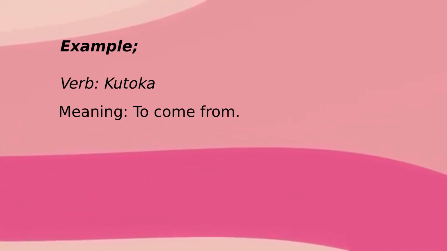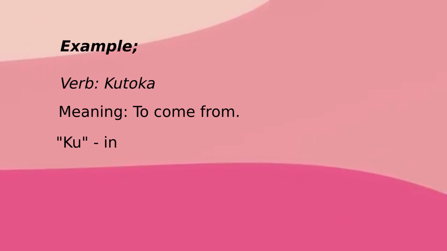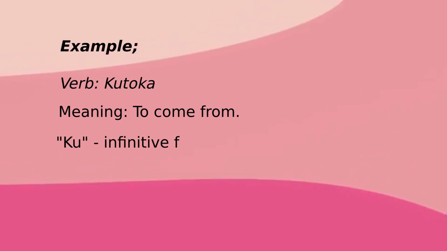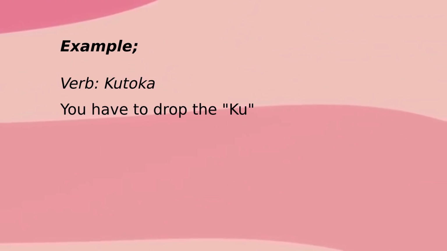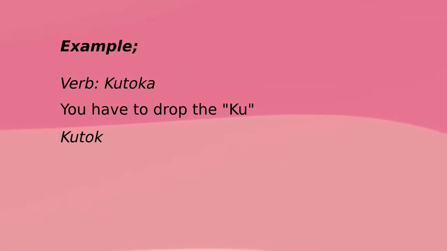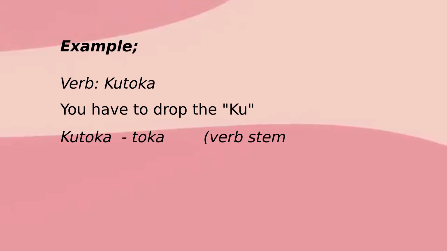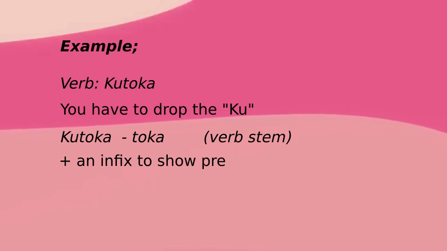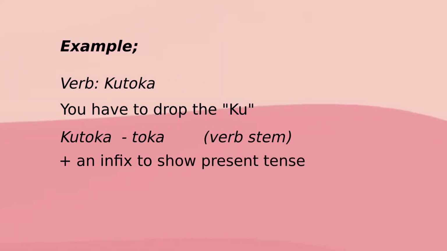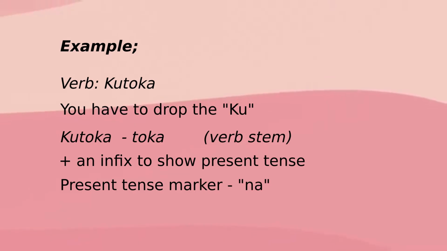The ku in the verb kutoka is the infinitive form, so it stands for to in English. Now when it comes to verb conjugation, you have to drop the ku. So the first thing to do is drop ku. You're left with toka. Toka is the verb stem. Now we need to add an infix to show the present tense, and the present tense marker is na.